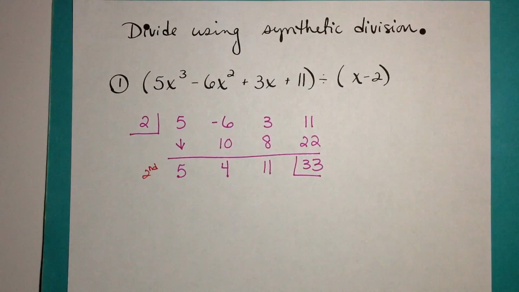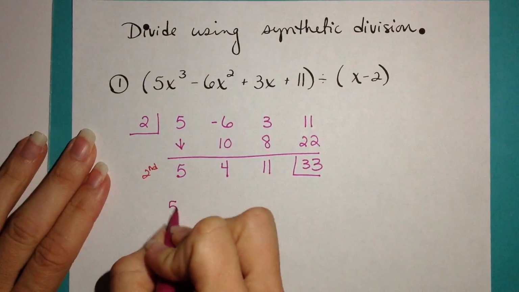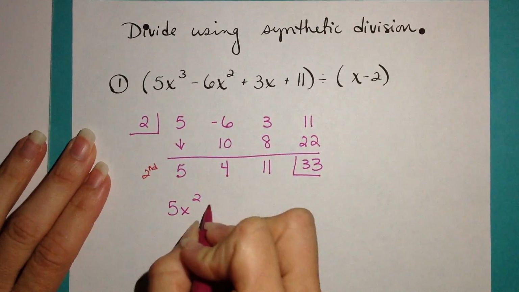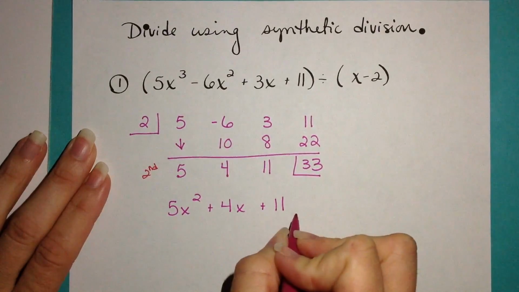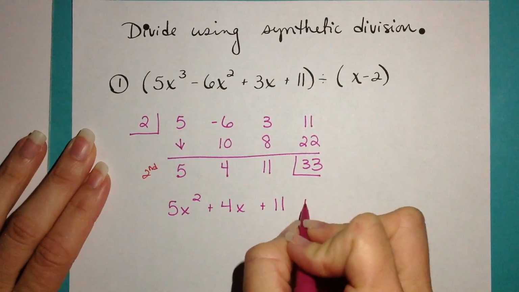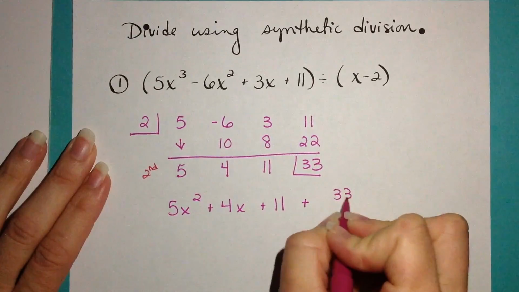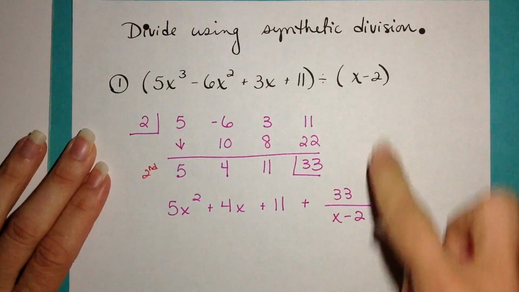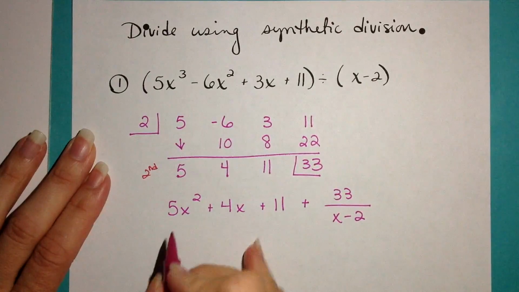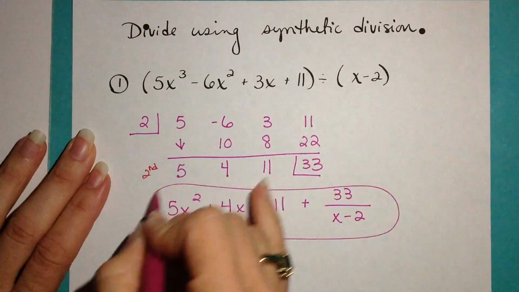So you would start out with 5x squared plus 4x plus 11. Just go with descending order. Now with your remainder, you have to put plus your remainder over your divisor. Your divisor is just simply what you were dividing by. So this is your answer.